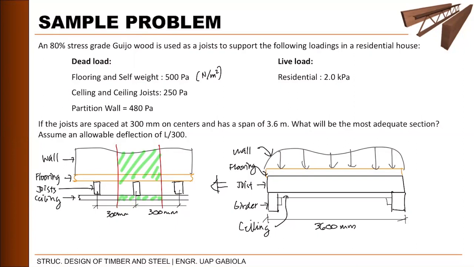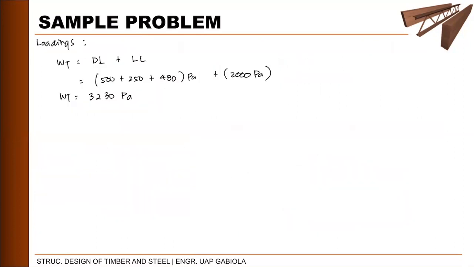Okay? And that width is equivalent to how much? That is equivalent sa spacing ng joist natin, which is 300 mm. Okay? So we can multiply our weight.